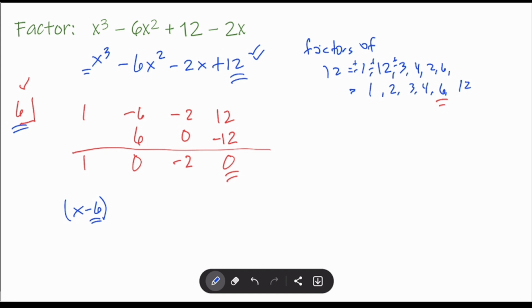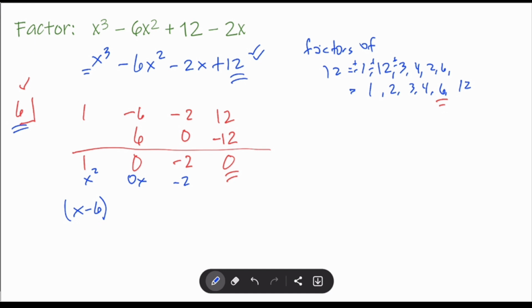So it's just the opposite sign. So since it's a positive 6, then we're going to put in the factored form as x minus 6. And then here, the 1 means x squared. The 0 means 0x, and then the negative 2 means just a constant, negative 2.